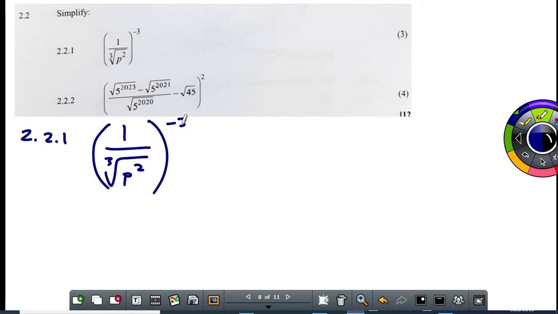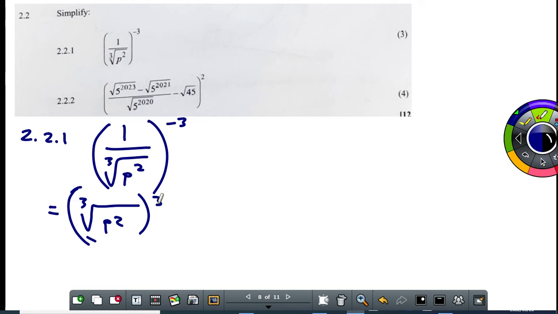Okay, do you remember when I told you that if you've got a fraction as the base and the exponent is negative, you convert the exponent from negative to positive, then you swap the numerator and the what? And the denominator. So this will be the cube root of p squared, all cubed.